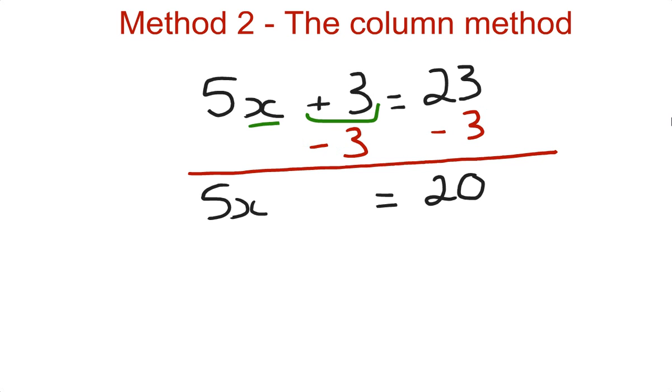Now, 2 ways to think about this one, but most people at this stage will go straight to the answer. 5 times something is 20, so my answer is x equals 20 divided by 5, or if you went straight to the answer and just wrote 4, you'd have been spot on. Well, that's the column method, a little bit more tricky, but it works better when there's unknowns on both sides.